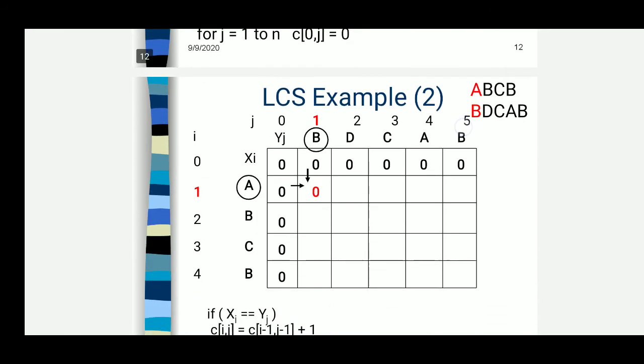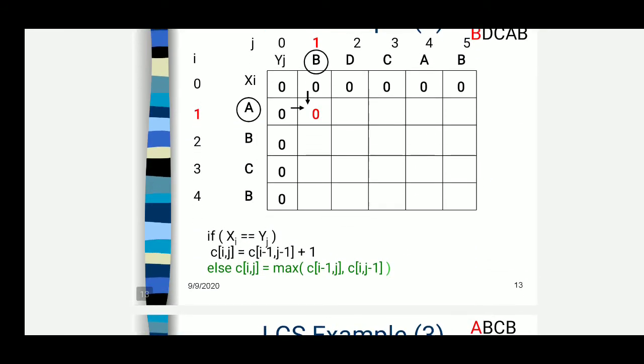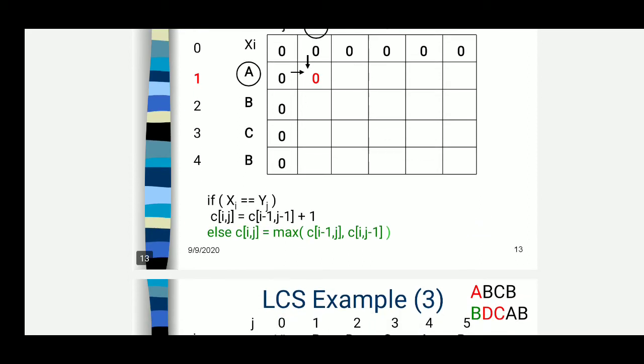Whenever there is no matching, you can see here that both arrows are given. We want to take the maximum value, but both values are similar, so we will take it as 0.